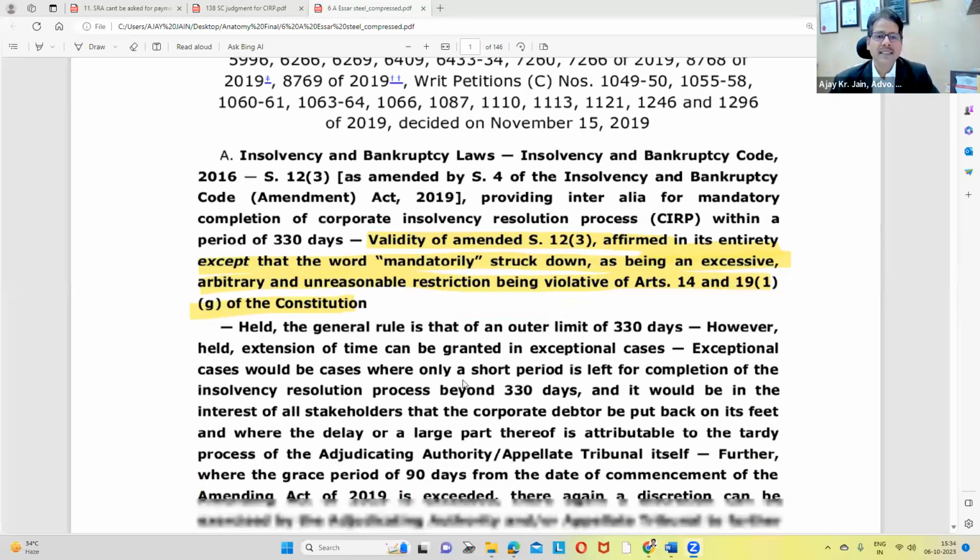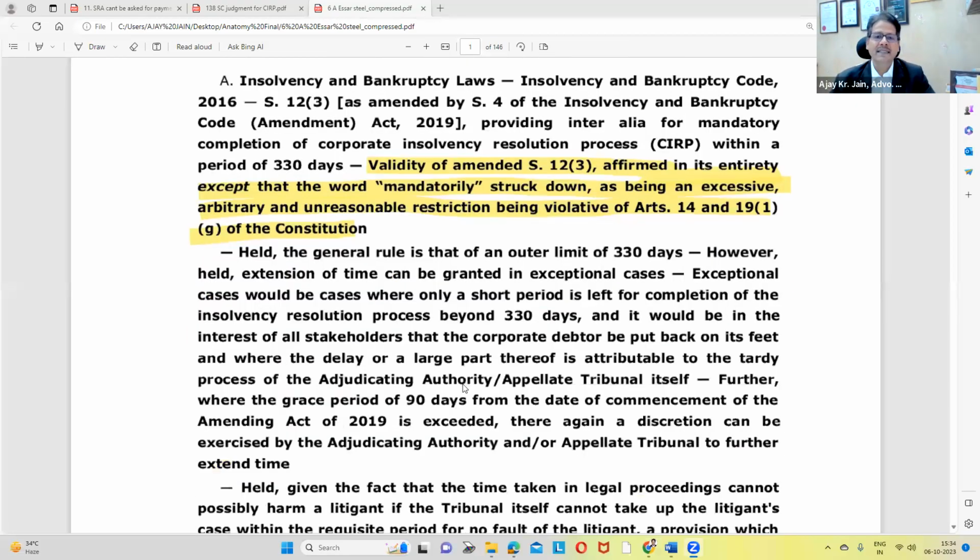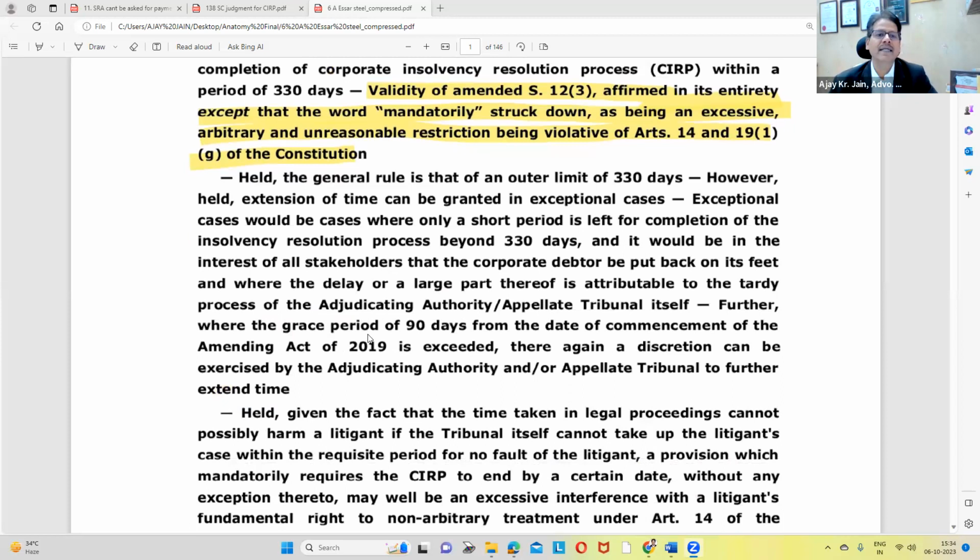Any law which is unreasonable, arbitrary, excessive, or violative of Article 14, 19 or other articles is non est or non-operative. The same has been held by the Honorable Supreme Court in the case of SR Steel. Why has this been held? Now come to the next para.